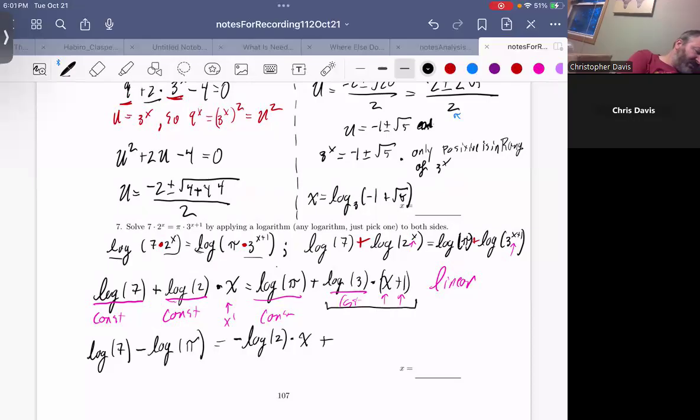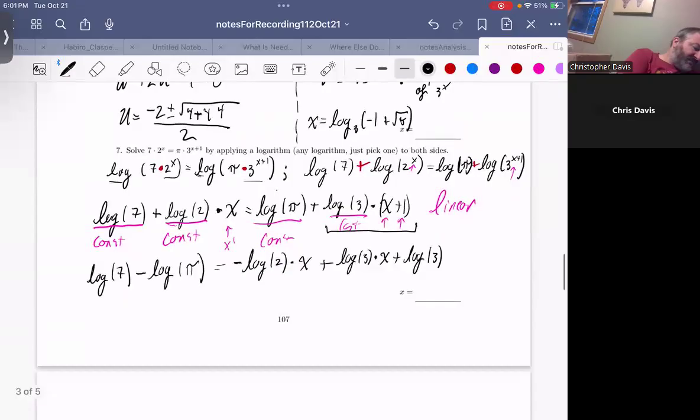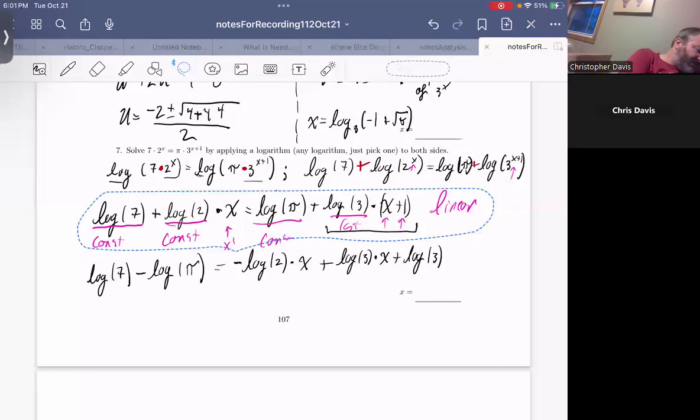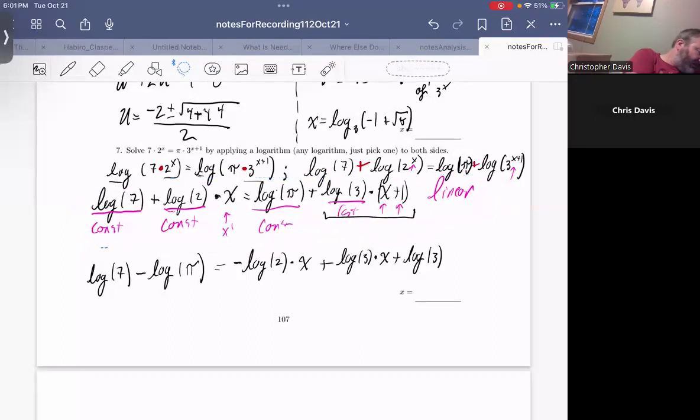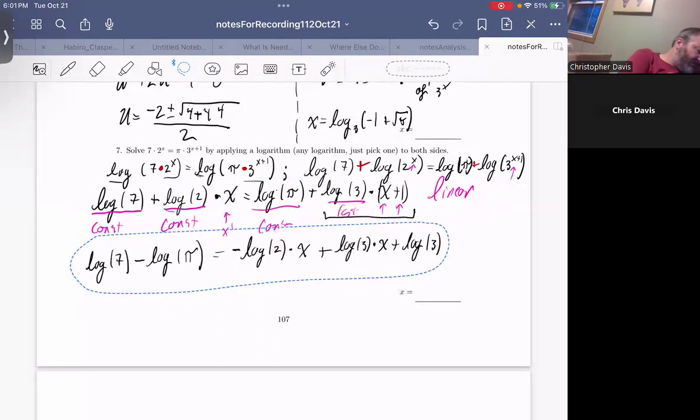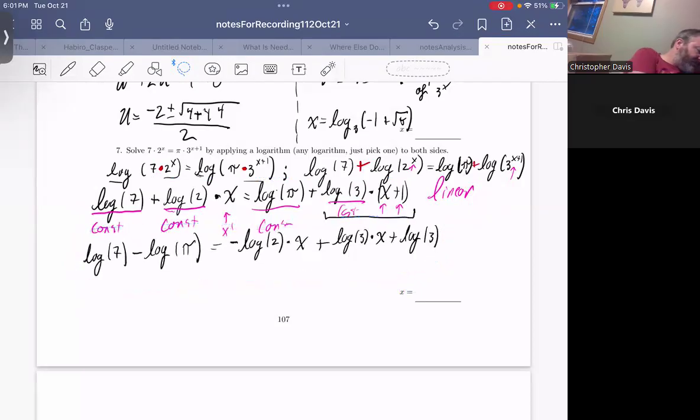Plus, let's distribute log of 3 times x plus log of 3. Good. That's progress. Find myself some more space. This can go to the other side.